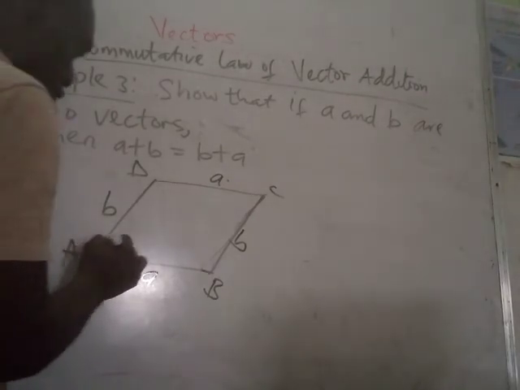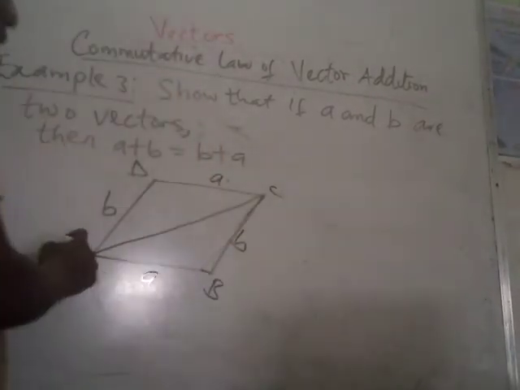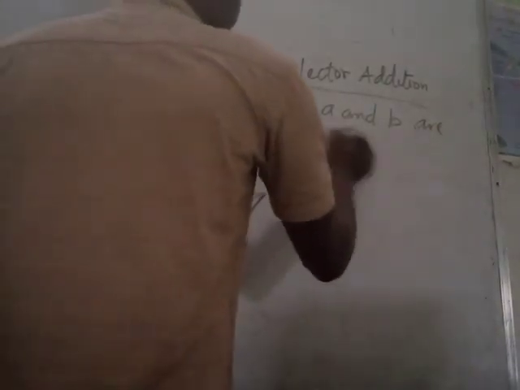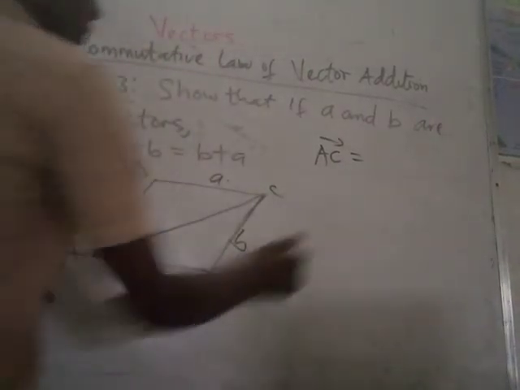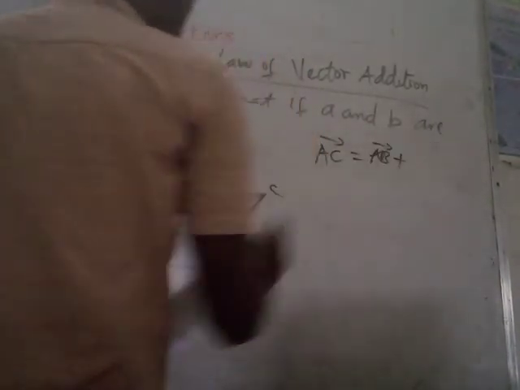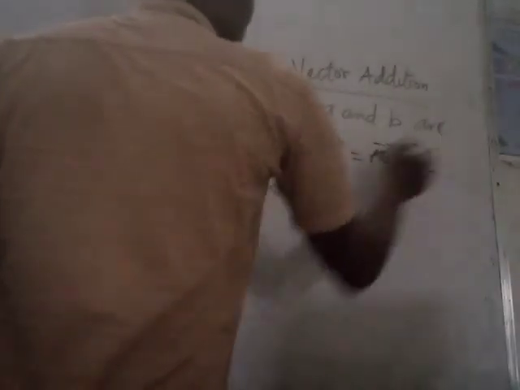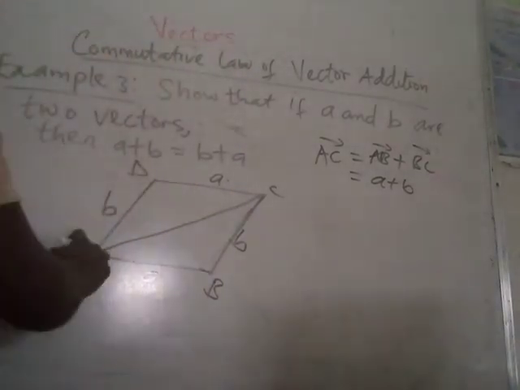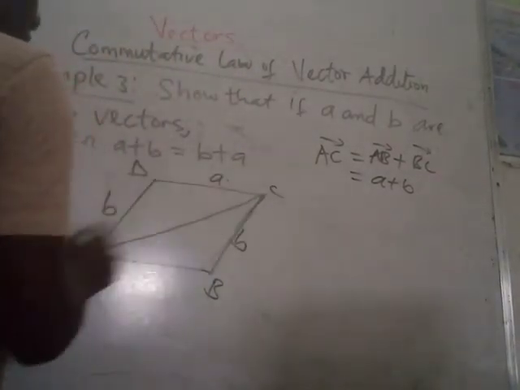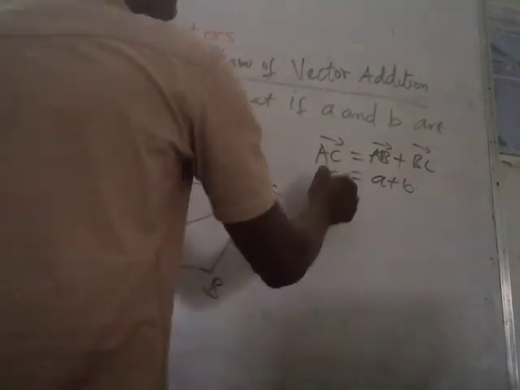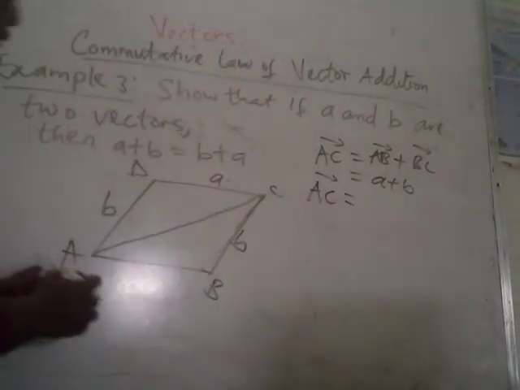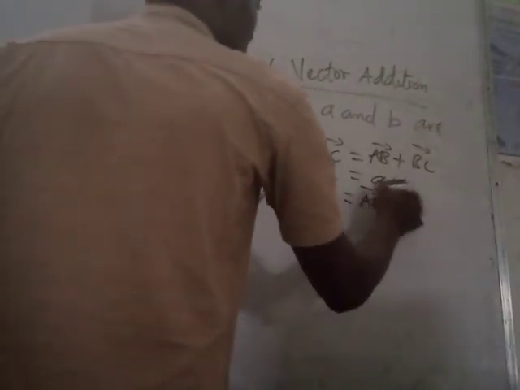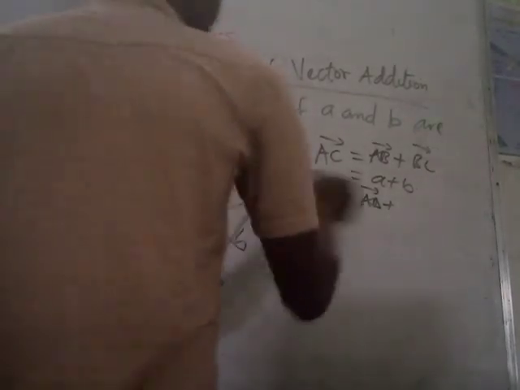So the resultant is usually here, drawn from their common point, the diagonal. So we can state that AC is equal to AB plus BC, which is equal to A plus B. Again, if you look at triangle ADC, you will agree that AC also is equal to AD plus DC.